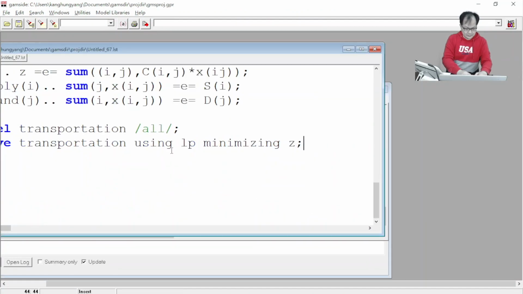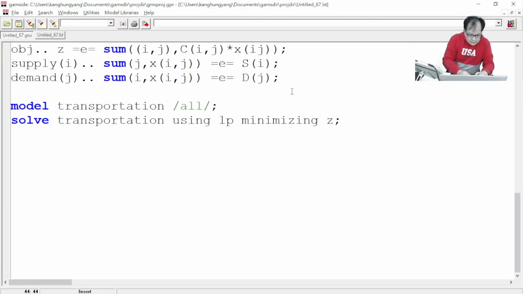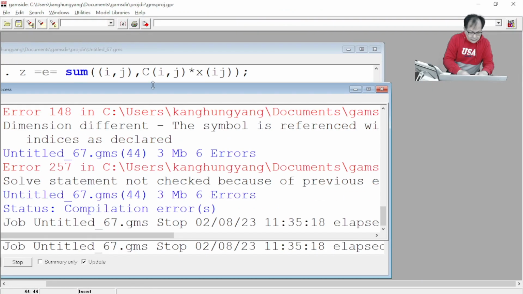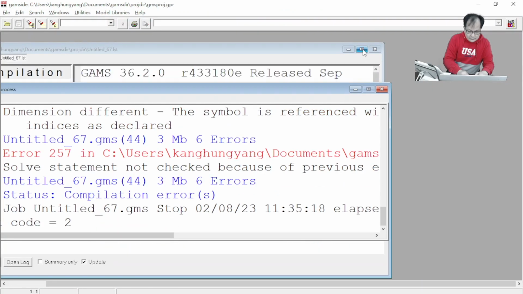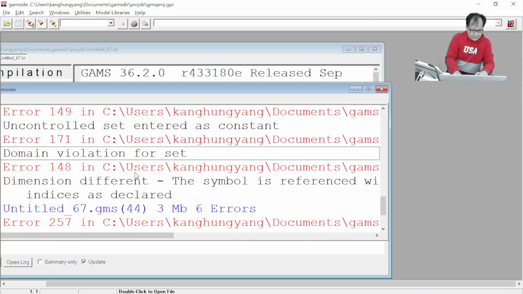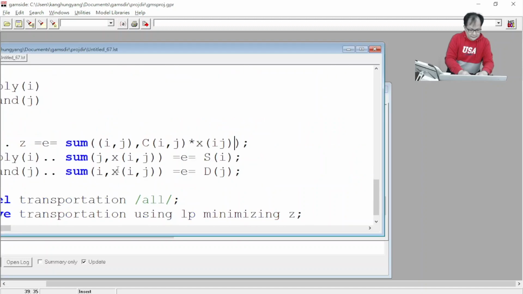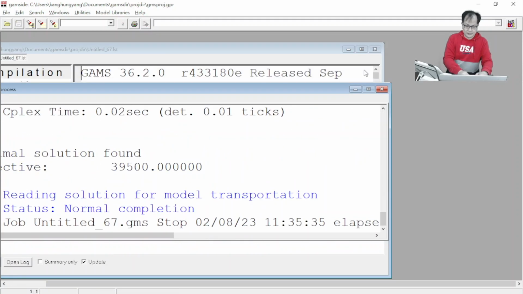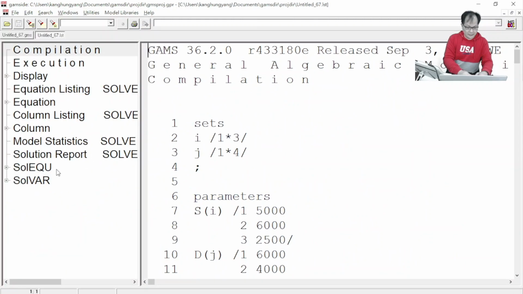Oh, something is wrong. There is a violation for the sets. Oh, here there should be a comma. Sorry, typo.